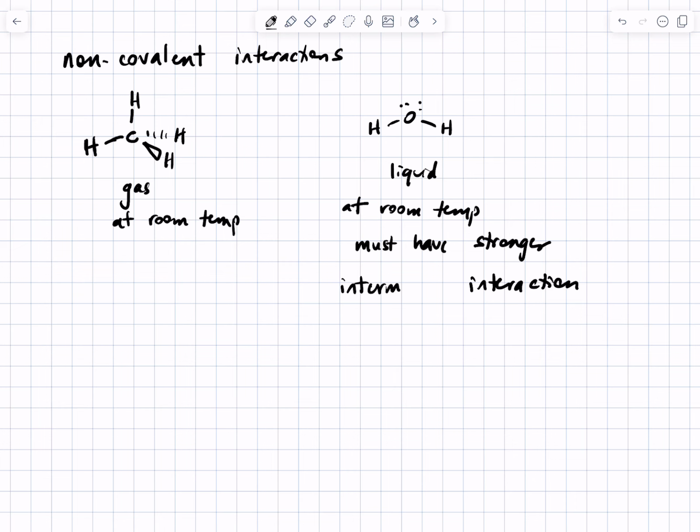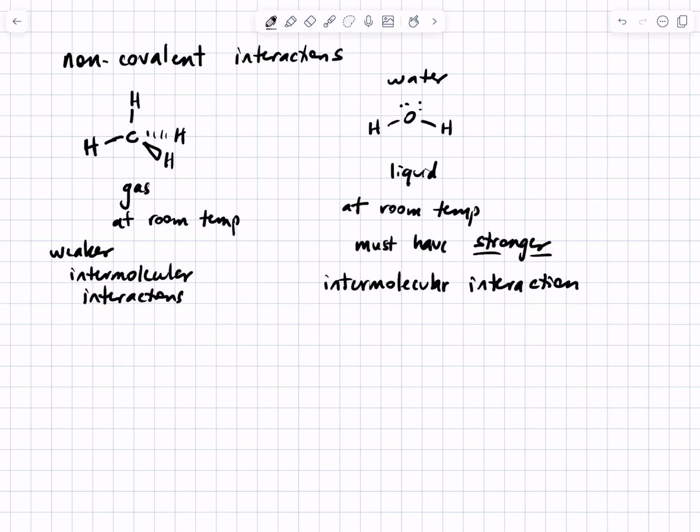So intermolecular means between molecules. Interactions between molecules in water are stronger than the interactions between molecules in methane. So we'd say methane has weaker intermolecular interactions.